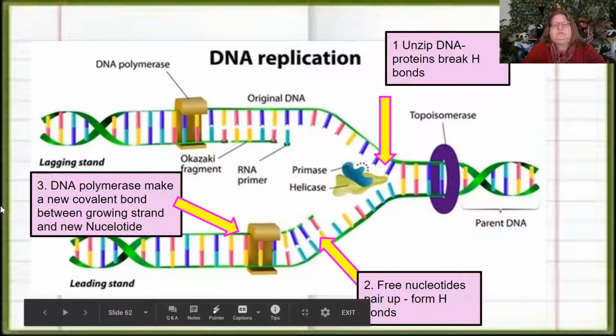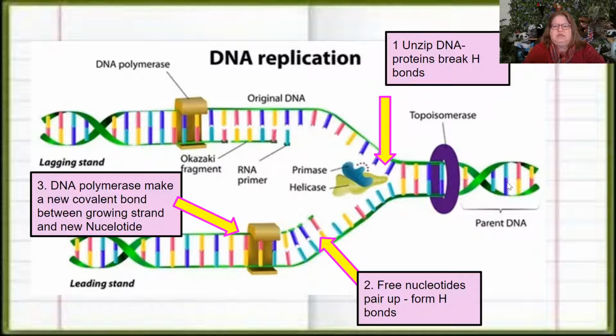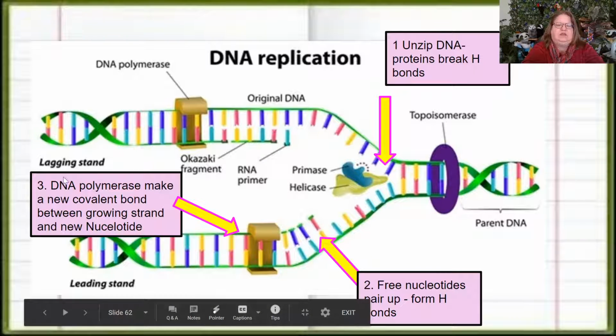And so here it is in a more visual process. Here we have the parent DNA, the old original DNA double helix. Now this diagram is showing a lot more of the proteins, but don't worry. I've included the steps that I want you to know in the boxes.